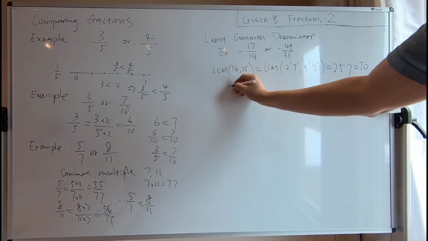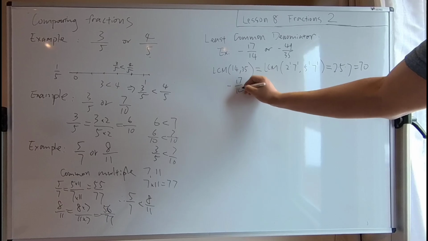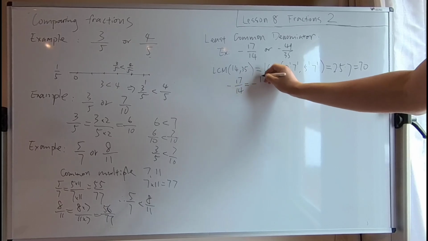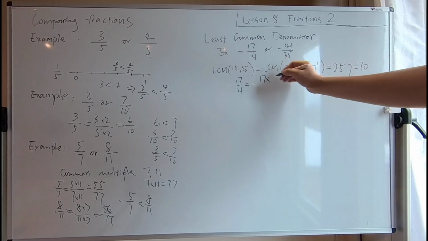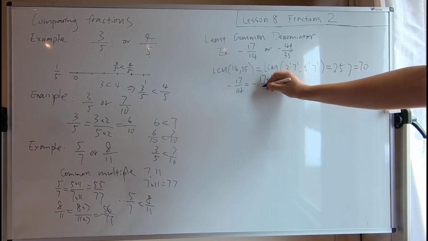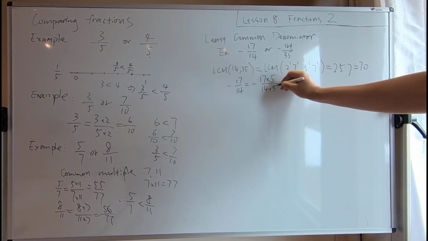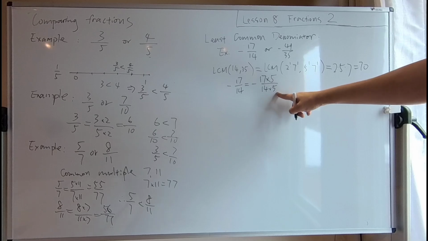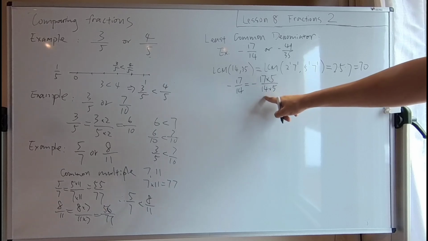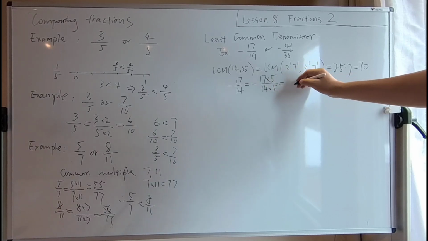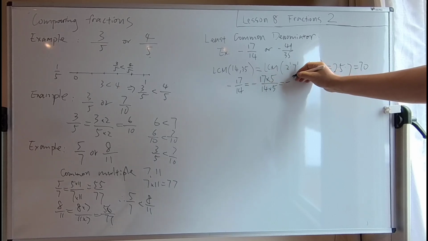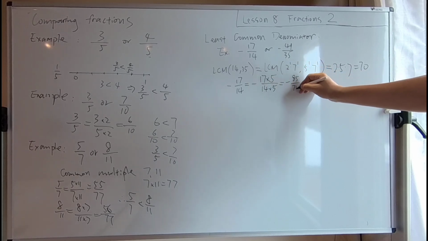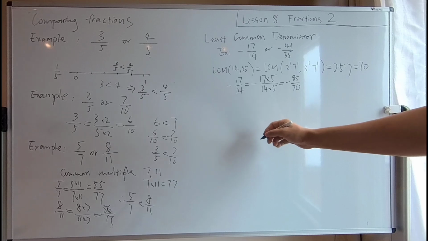So then the first number can be converted: 5 times 14 is 70. So I need to multiply 5 on both numerator and denominator to make your denominator equal to 70. So this will be 85 over 70.